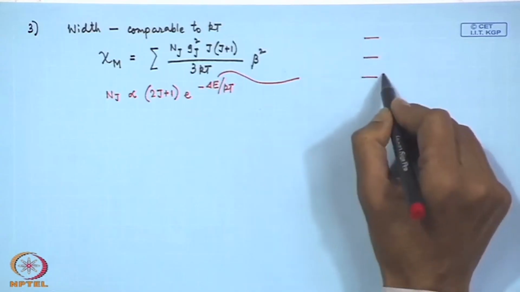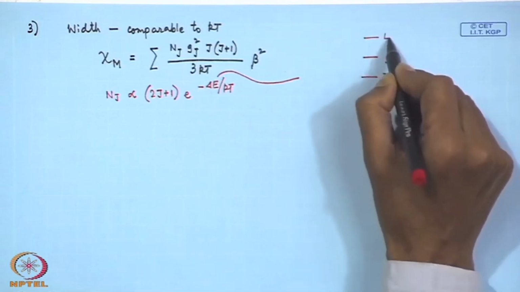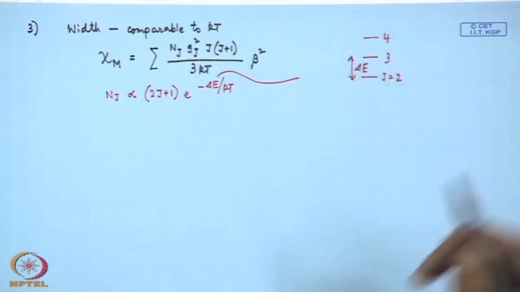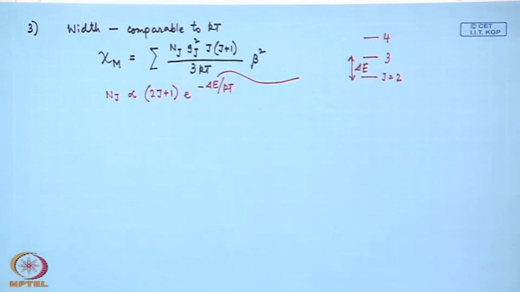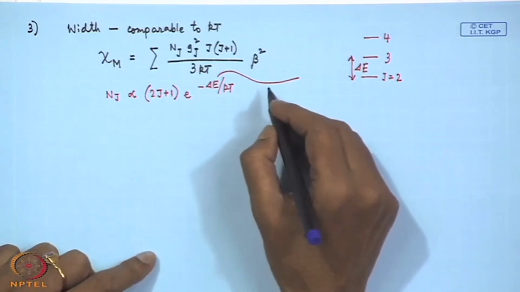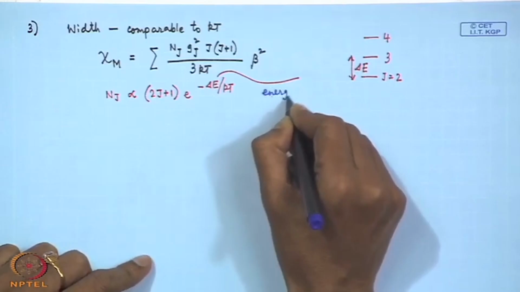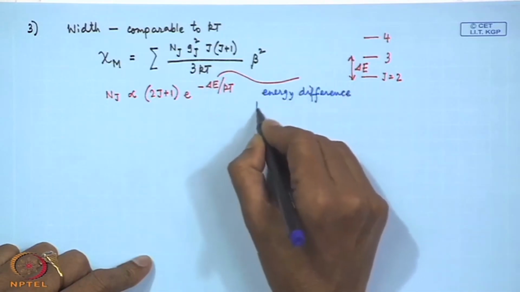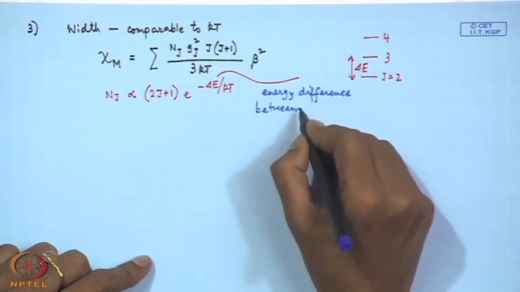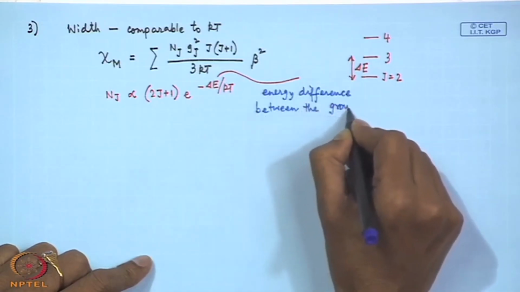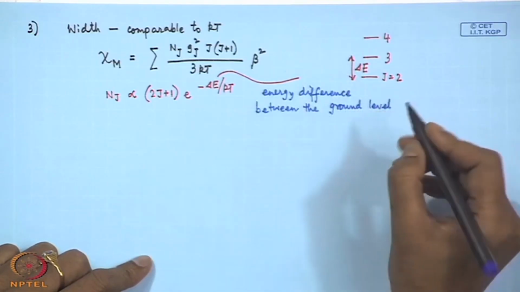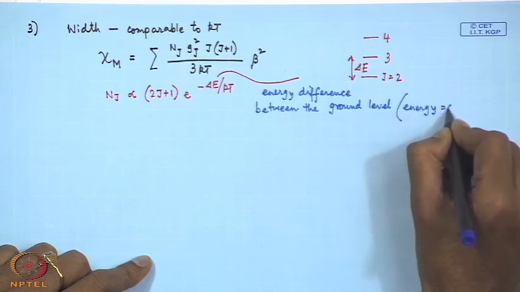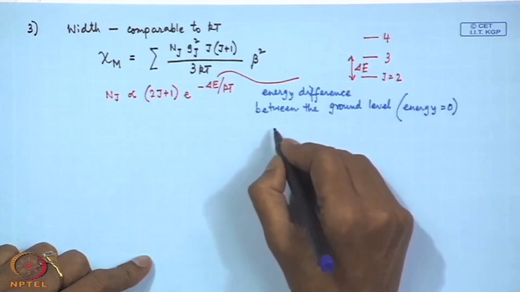So if we have J equal to 2, J equal to 3 and J equal to 4 values, and the energy gap between these levels is delta E, then this delta E term is nothing but the energy difference between the ground level, where we are considering the energy as 0, and a particular J level.